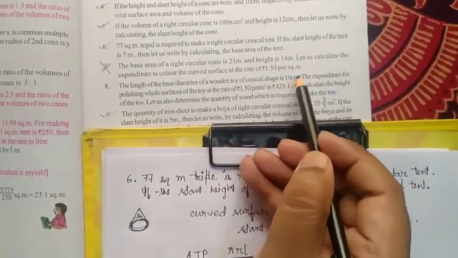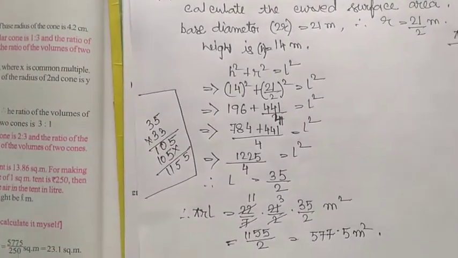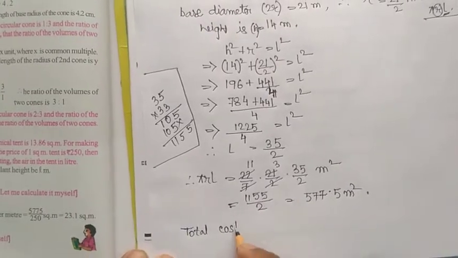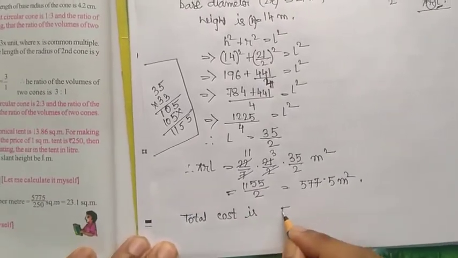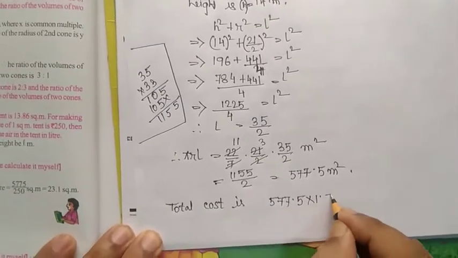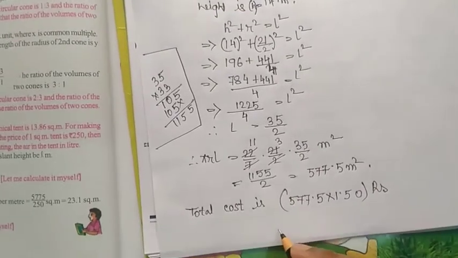Now here the question is, let us calculate the expenditure to color the curved surface area at the rate of rupees 1.50 per meter square. So we find the total cost. The total cost should be 577.5 into 1.50 rupees.